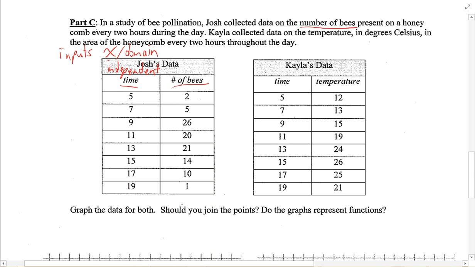Okay, and this here, number of bees, that will be our dependent data. It'll be our Y values or our range. And what else? It will be our outputs. So a whole bunch of different words to describe each one. Next it says graph the data for both, should you join the points. We'll talk about that later.